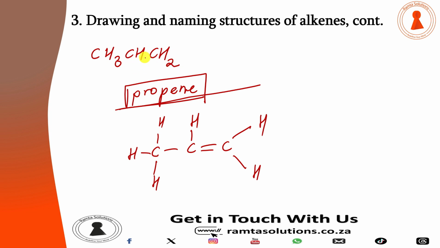But now you can see that there's 1 hydrogen missing here. Remember I said when you have 2 hydrogens missing, you have an alkene. And this is propene. This is how you draw the structure of the alkene. This is your condensed structural formula.